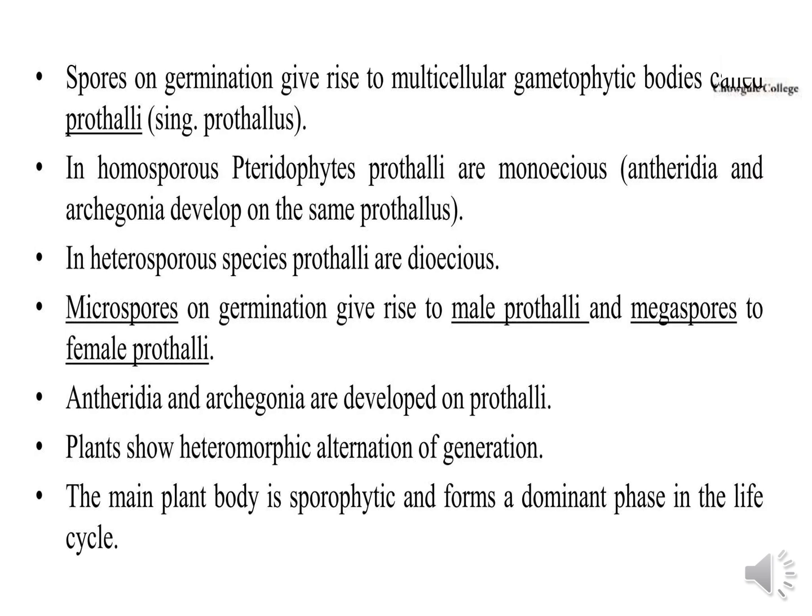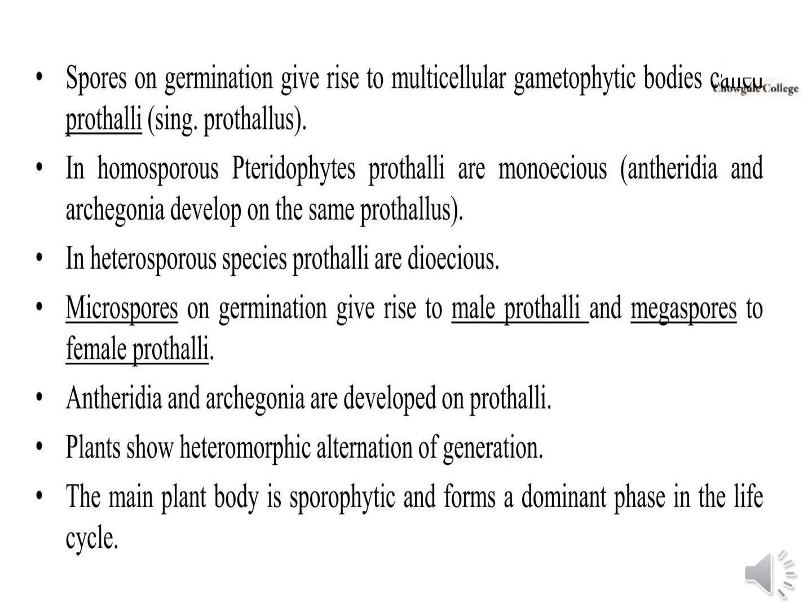In heterosporous species, prothalli are dioecious, that is, the male and female gametophytes develop on different prothalli. Microspores on germination give rise to male prothalli, and megaspores give rise to female prothalli. Antheridia and archegonia are developed on these male and female prothalli.